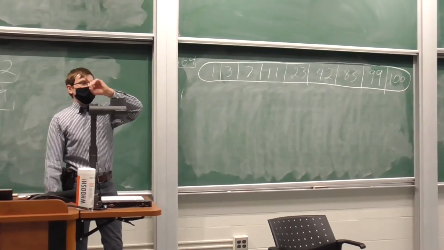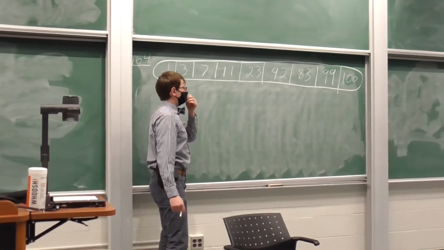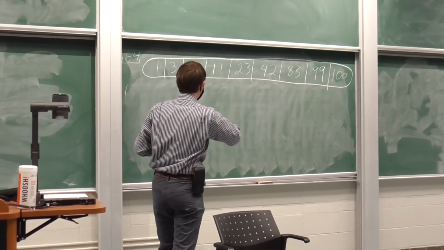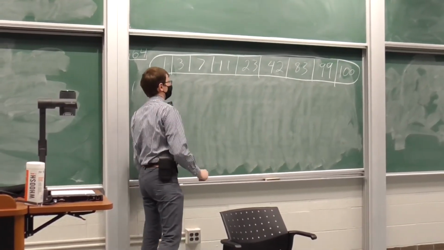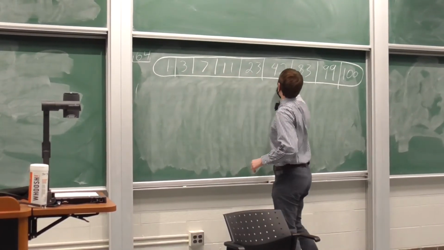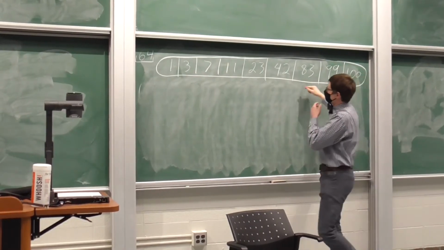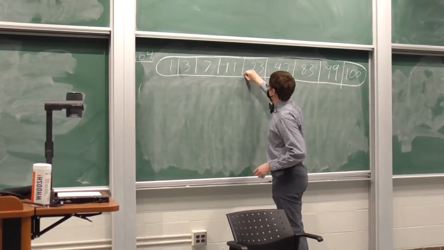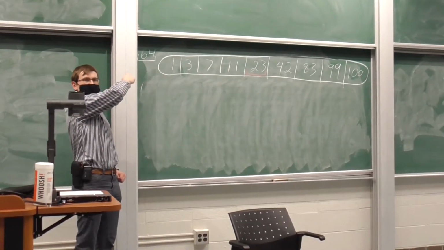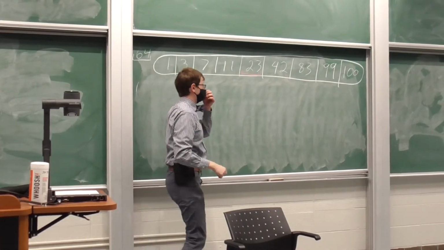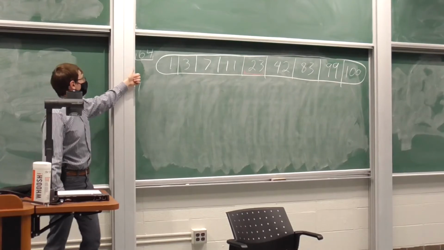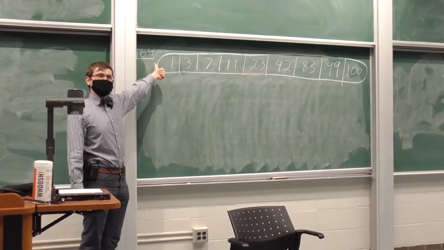So, this is the binary search algorithm. You take a look at your data structure and pick something in the middle. We've got 1, 2, 3, 4, 5, 6, 7, 8, 9 elements, so this is the middle element. Is this number equal to 64? No. Is it greater than or less than? 23 is less than 64.